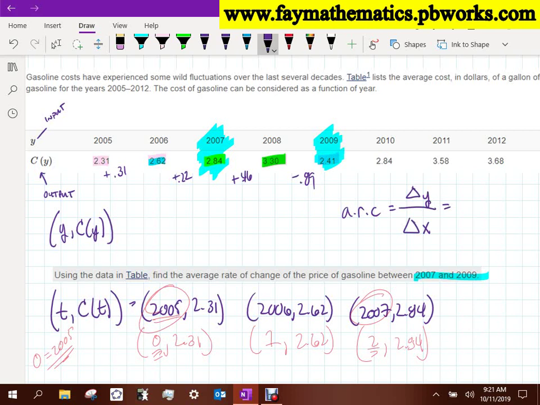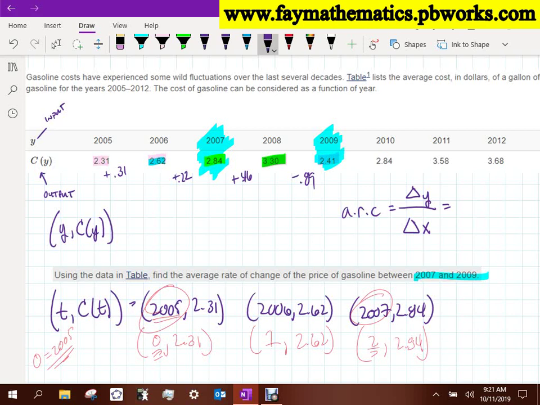So now what they're saying is gasoline price is dependent on the year. Does that make sense? That's when it says that gas is a function of the year. Okay, that means gasoline prices are the output.